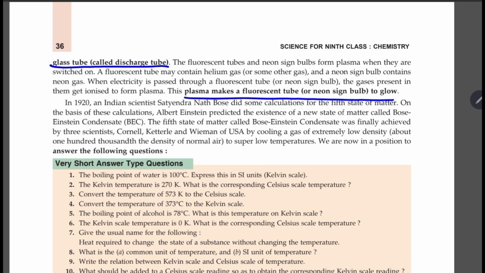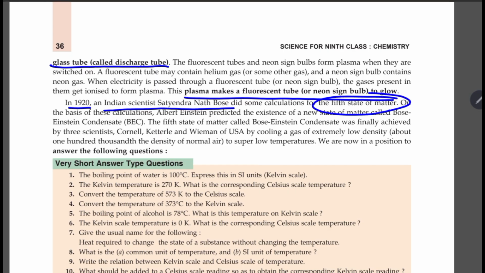Now you know that Indian scientist Satyendranath Bose, India has actually gifted us so many scientists, gave birth to so many scientists. In the year 1920, one of them, Satyendranath Bose, did some calculation for the fifth state of matter.